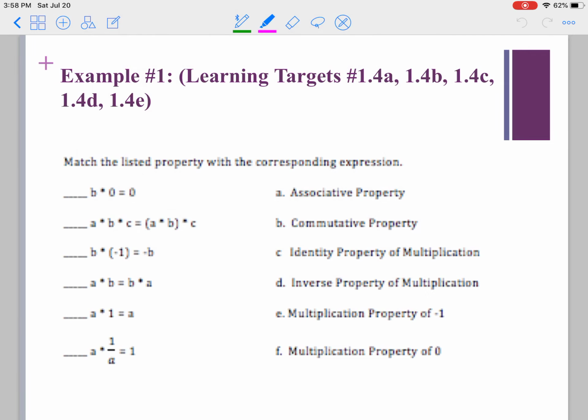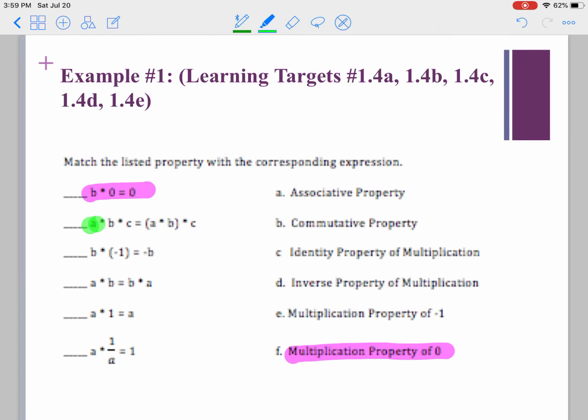Beginning with the first equation, we have b times 0 equals 0. What's going on? We have multiplication by 0. If we remember, the name describes what's being multiplied. In this case, we're multiplying by 0, so we have the multiplication property of 0.